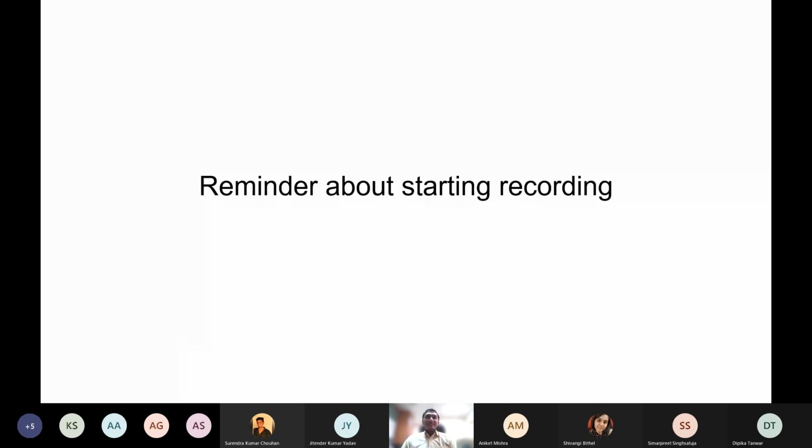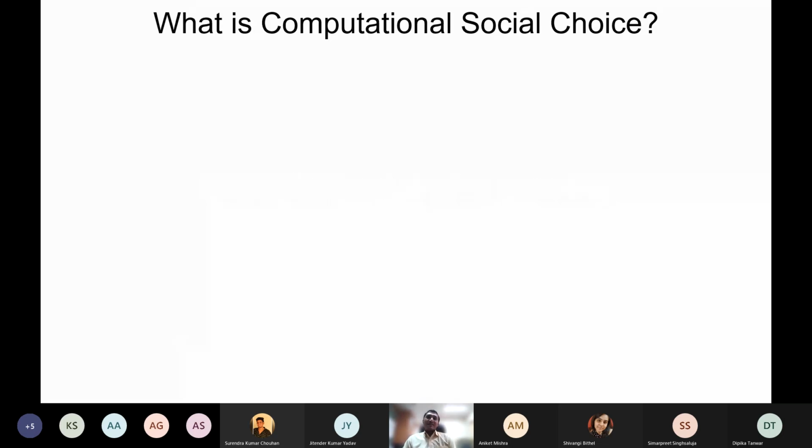Okay, so let's get started. Like I said, this course is going to be about computational social choice. And this is an area that combines two distinct areas. One is social choice, which is a subfield of economics and political science, and it's about making collective decisions. So you have preferences of individuals in the society, and you use those preferences to make a collective decision for the society.